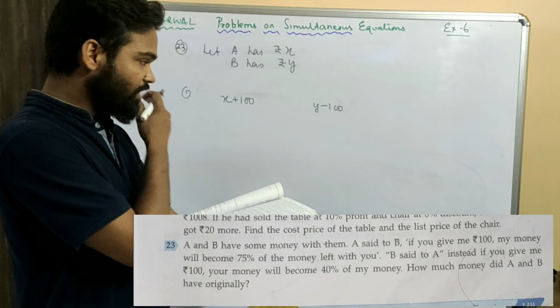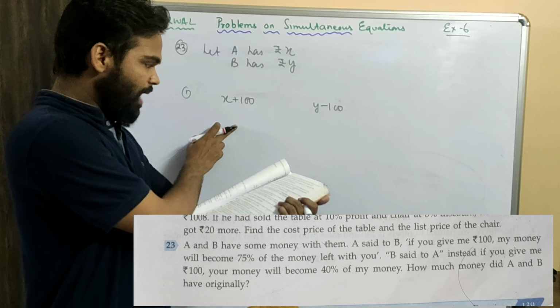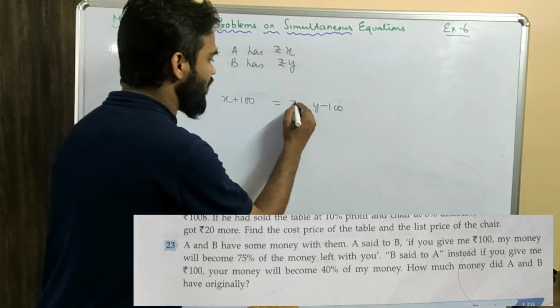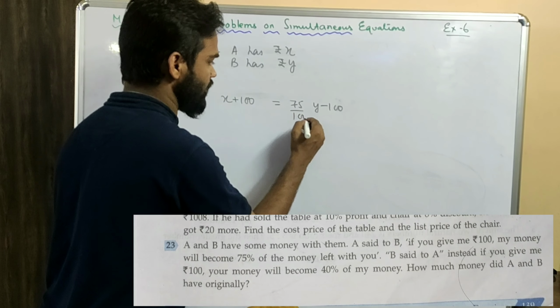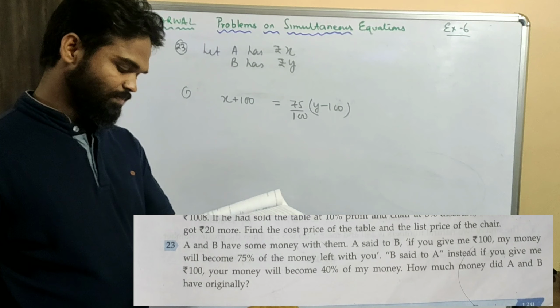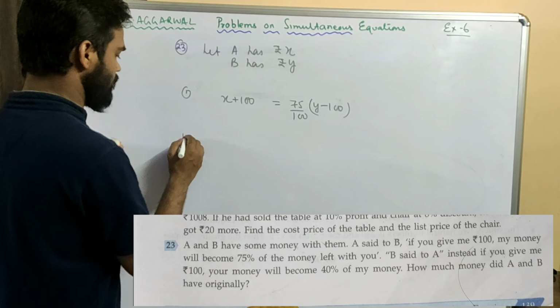A said to B, if you give me 100, my money will become 75% of the money left with you. That's my equation.